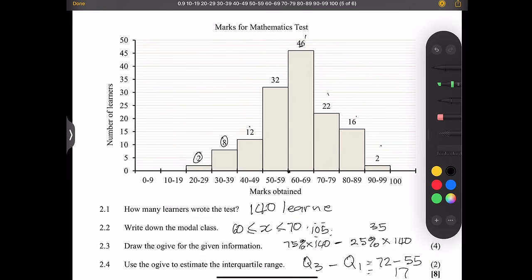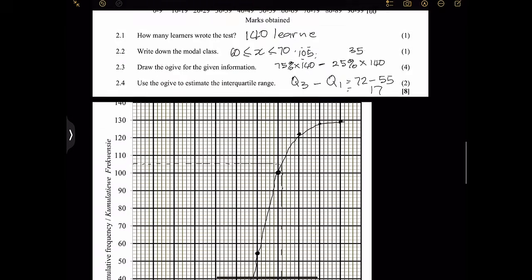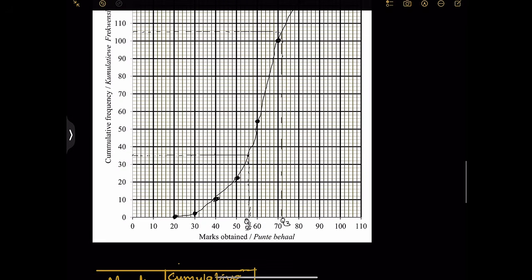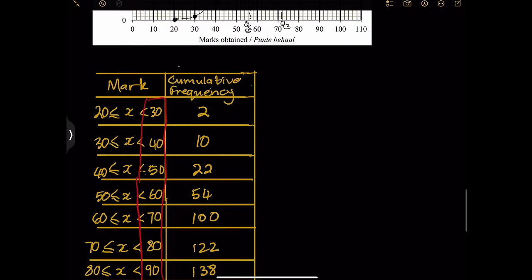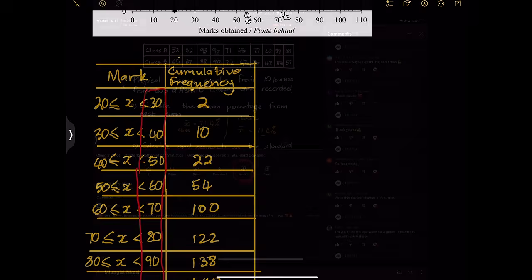Hopefully you were able to understand that. That is how you would essentially find Q1 and Q3. That is the amount of marks for your interquartile range. Hopefully, ladies and gents, that was easy enough. That's it when it comes to histograms. That is how you'd interpret your information.